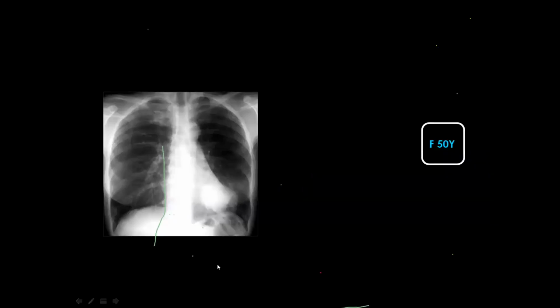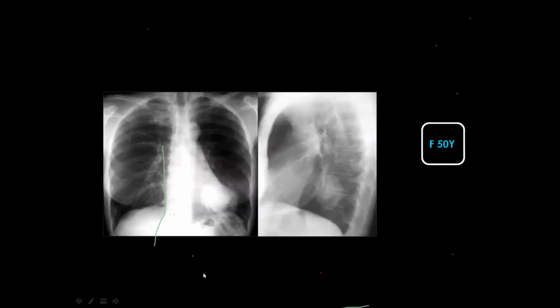And here you see an opacity superimposed on the apex of the heart. This is the lateral view. And the lateral view showed actually there is a mass in the left lower lobe. Then these are the diagnostic possibilities: bronchogenic carcinoma, hydatid cyst, or metastatic deposit, as you know from the lectures. What do you think?